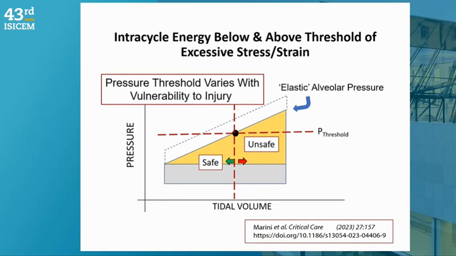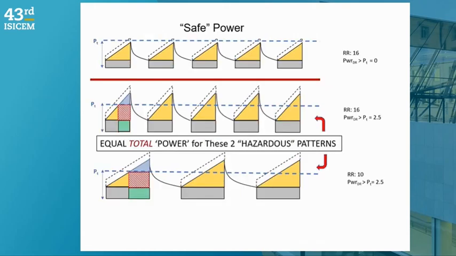And as in medicine, we tend to say this is a safe pressure, this is not a safe pressure, but we forget that the lung is changing continuously from a fairly vulnerable lung in the early part to a less vulnerable lung in the latter part. And in the latter part, we may have a smaller lung, which has a higher specific energy, but is less vulnerable to stress and strain. So it's quite complicated in some ways. Just putting this as an illustration.